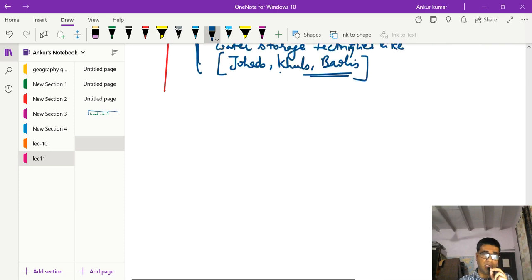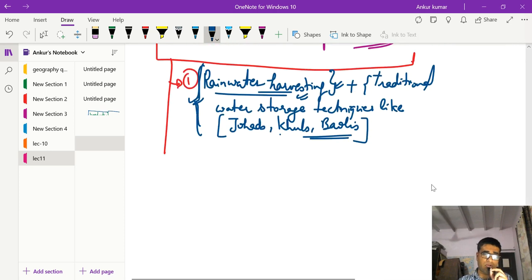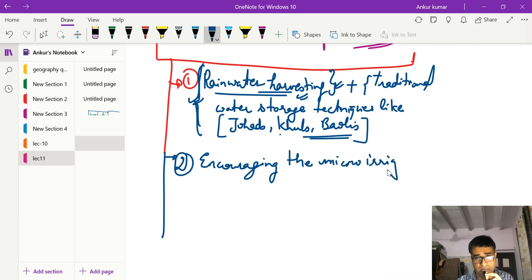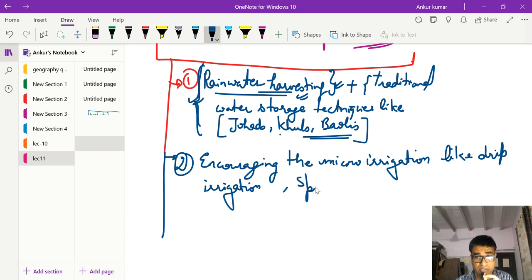After that, the next thing we have to be careful about is encouraging micro irrigation, like drip irrigation and sprinkler irrigation.